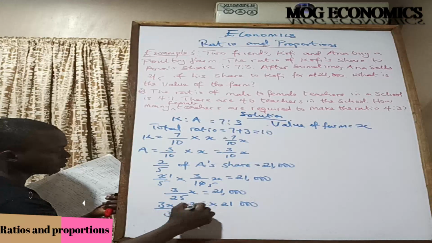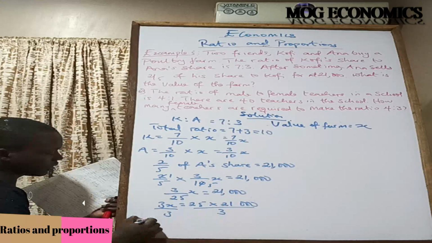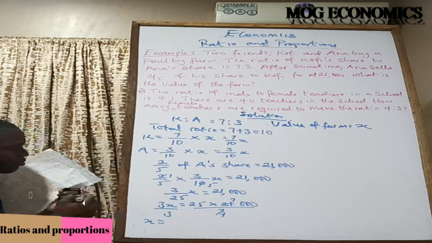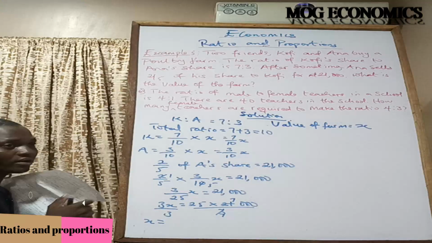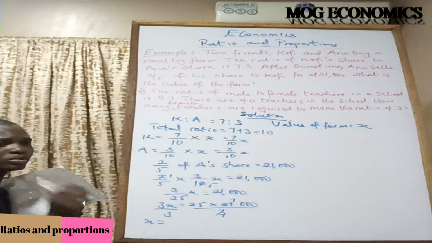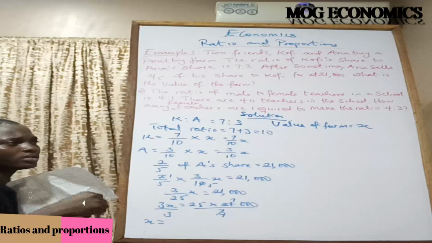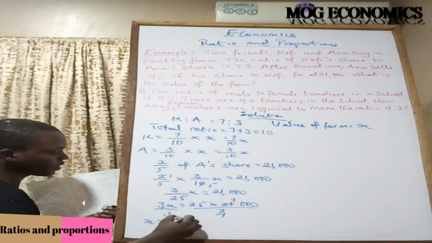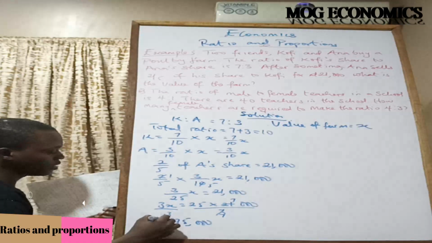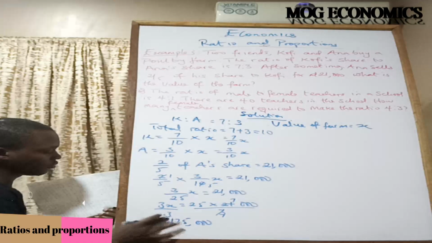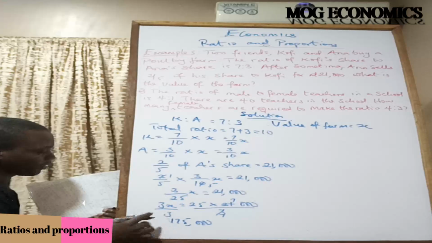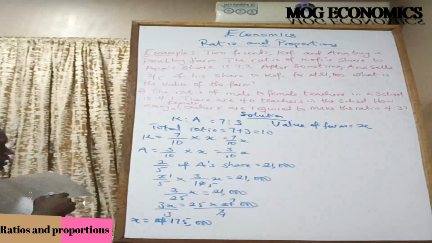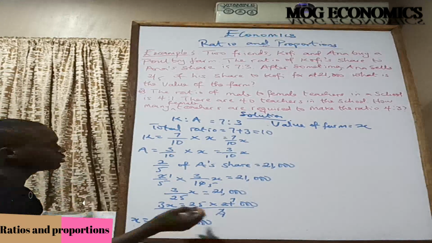Divide this by 3, so X equals 25 multiplied by 7,000. 25 times 7 is 175; 25 times 4 is 100, and 25 times 3 is 75, so we have 175. So 175,000 naira. This is the total value of the farm. So you can see, like I said earlier, it's more of interpretation and calculation. So that's it.